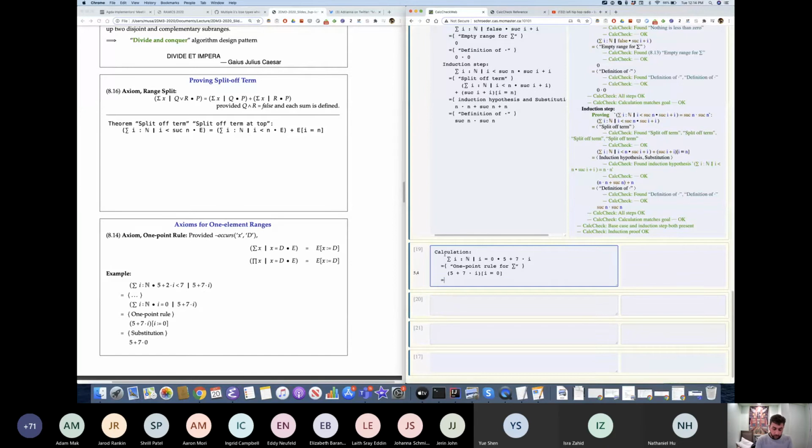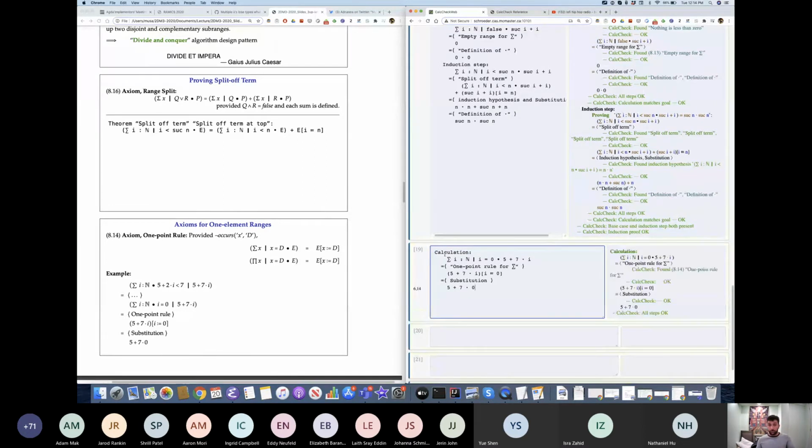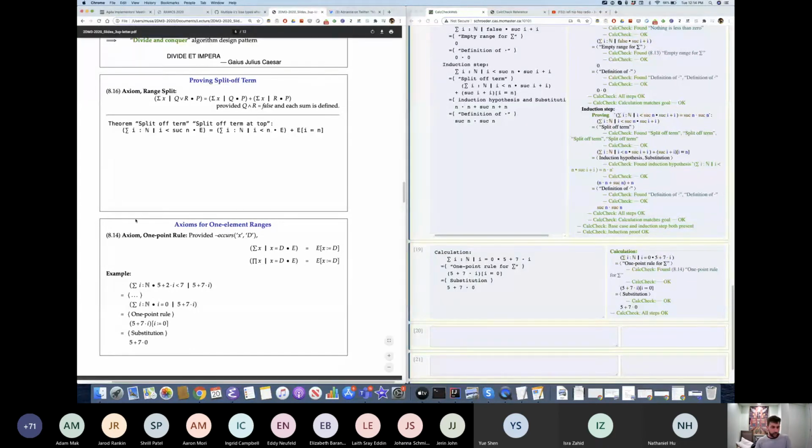So as always, there is going to be a substitution step. So that's 5 plus 7 times 0. Whereas the book will jump over the substitution step, we always have to do it. And then you can just evaluate.